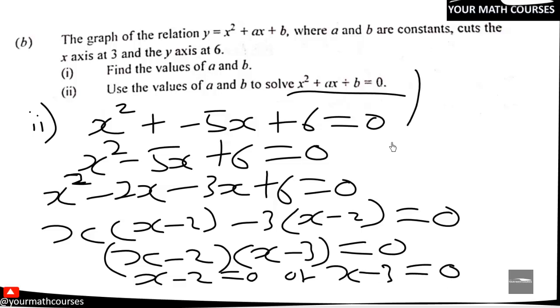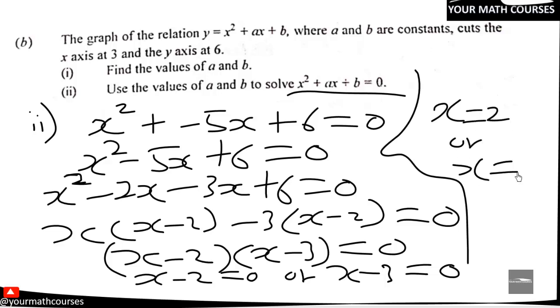So we have x equal to 2 or x equal to 3. These are the values of x that make the equation x squared plus ax plus b equals 0 true.